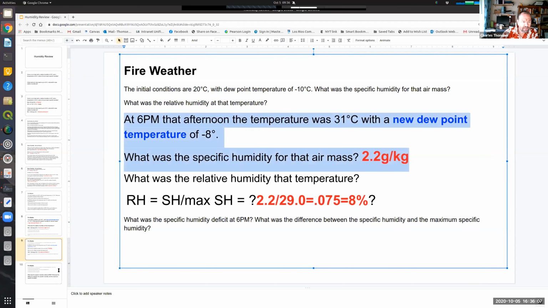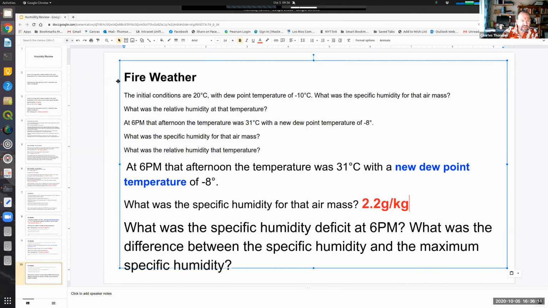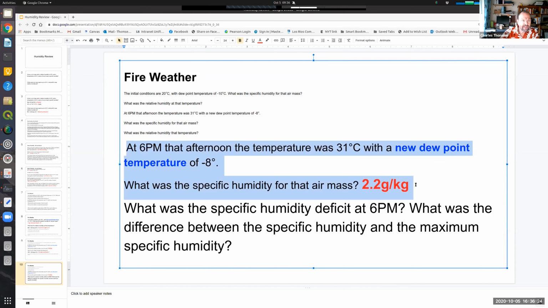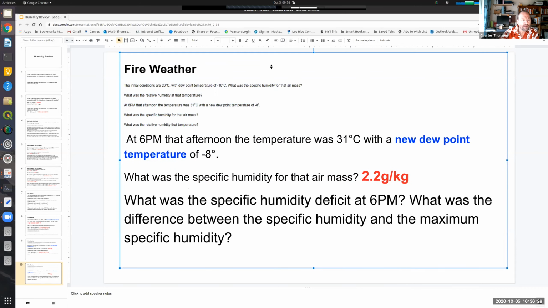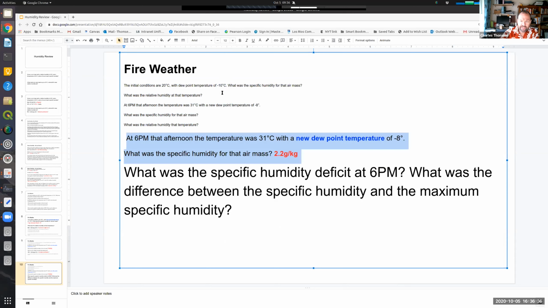Copy and paste and make everything else tiny. And these can be tiny too, because we need them, but we don't need them to be big. We just need that information to solve the very last question, which at this point should be child's play.